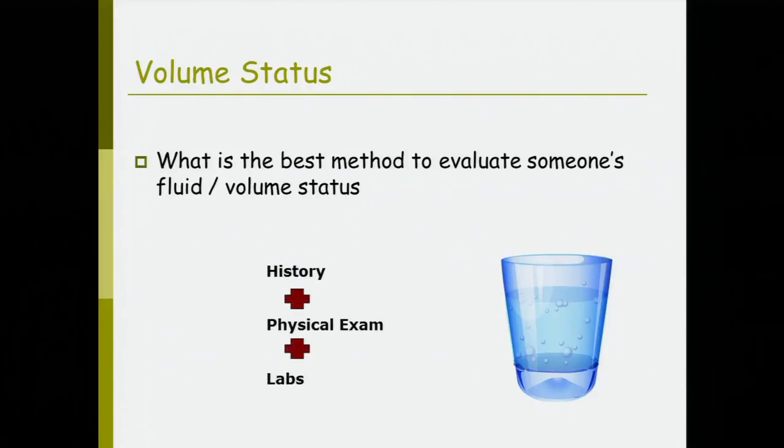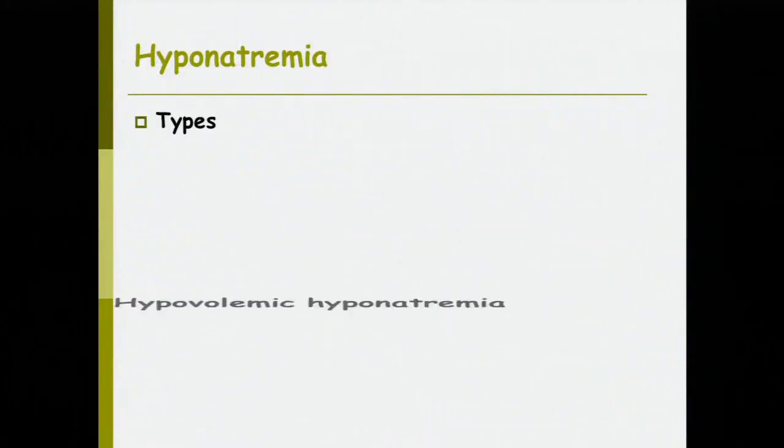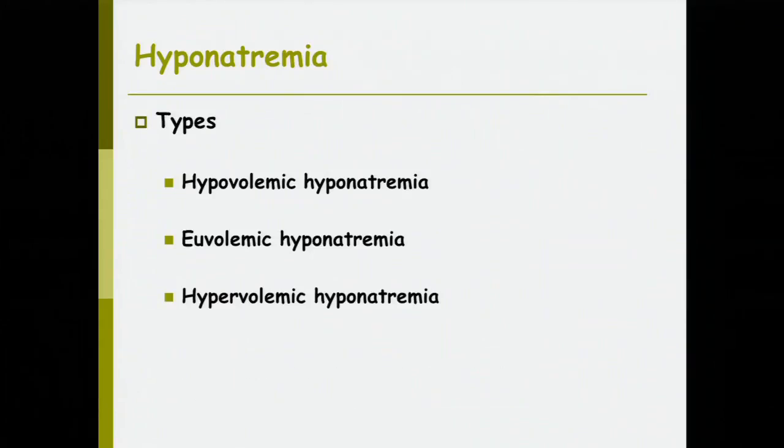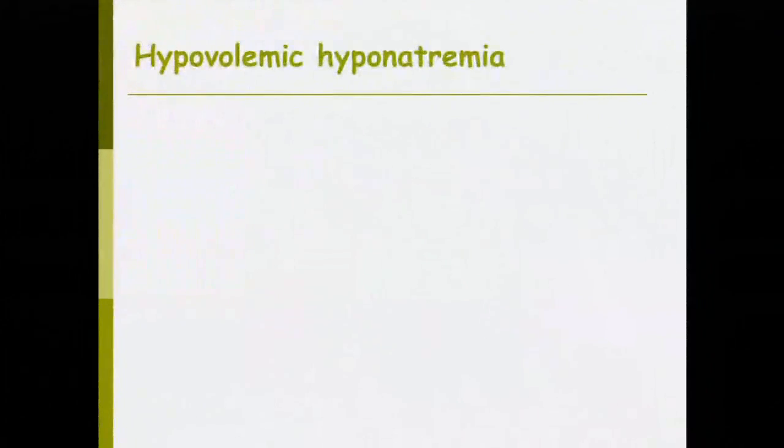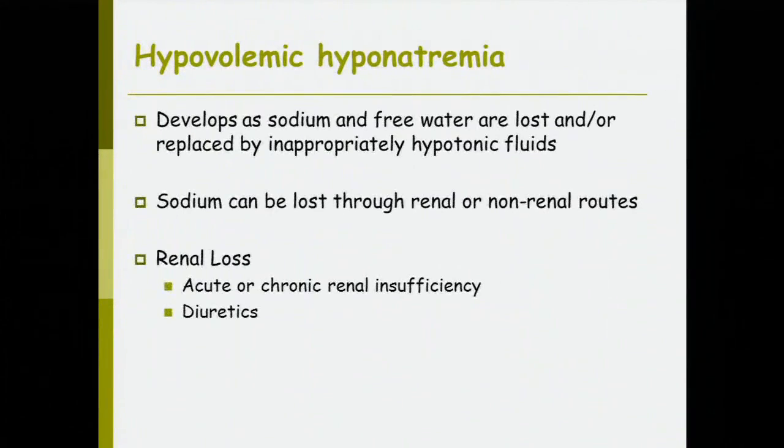So we want history, we want physical exam, and we want to look at the labs to assess someone's volume status, right? We already talked about hypovolemic hyponatremia, euvolemic hyponatremia, and hypervolemic. Makes sense? Now we know how different volume statuses can still give you hyponatremia. Then, hypovolemic hyponatremia, when can it happen?